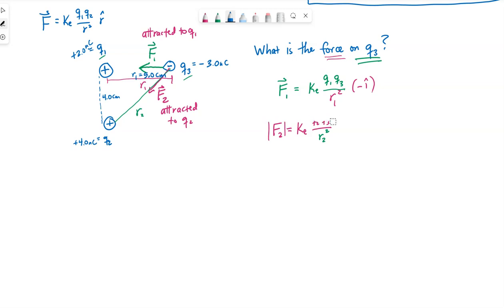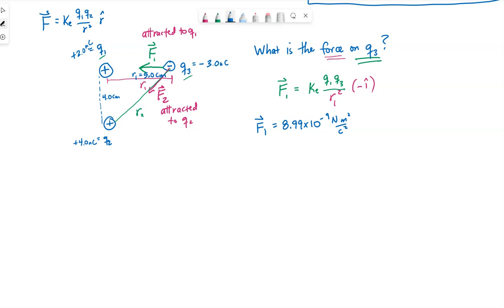Okay, so I'm going to erase F2 for a second so we can go ahead and find F1. F1 again represents Q3 being attracted to Q1. So it's getting pulled towards Q1, which is to the left. To find the magnitude of the force, I need our constant K, which remember has units of newtons times meters squared over coulombs squared.